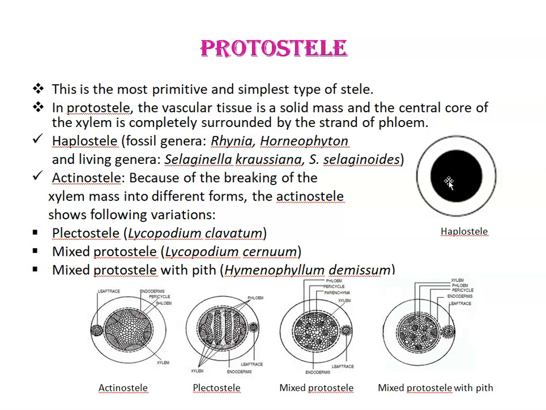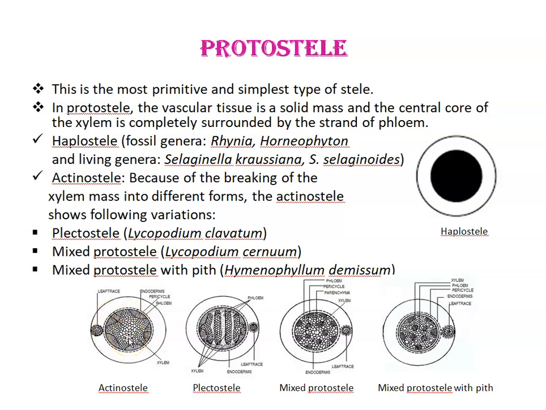Next is actinostele. This is the modification of the haplostele and somewhat more advanced, having the central xylem core with radiating ribs. You can see here, this is actinostele.